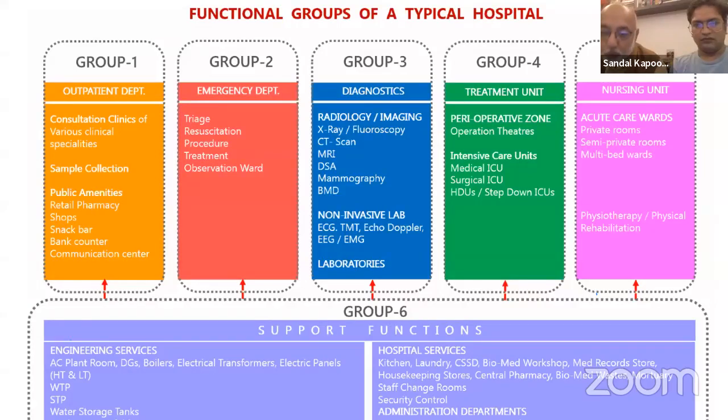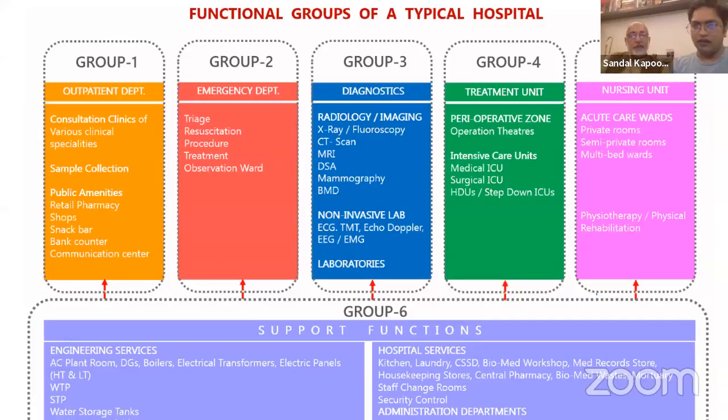So those cannot be shared by various departments. Only that specialty will share that space. So we have soft areas where there is not much equipment and hard areas which are equipment intensive areas.